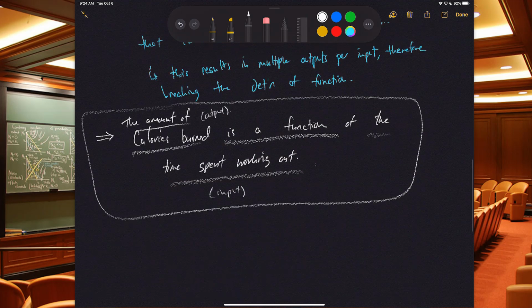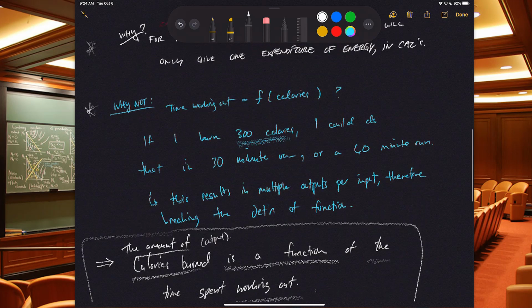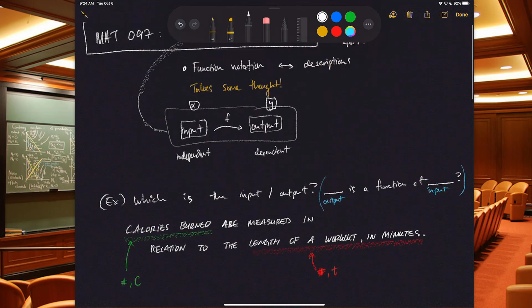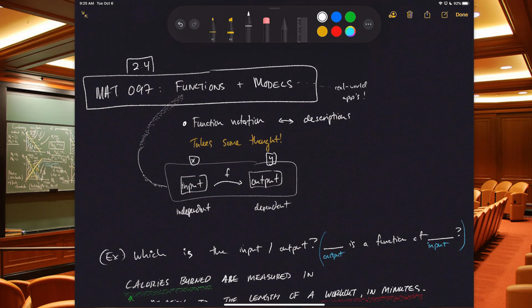Okay, so this is not meant to be cookie cutter. Obviously, the rationale for time working out and calories is going to be different for the amount of time for something to ferment and the number of yeast you use, as well as the amount you get paid versus the size area that you just cleaned. Whatever it might be, it's going to depend on the context. So that's why I say, appeal to your common sense, appeal to your background knowledge of the world to make arguments for this.